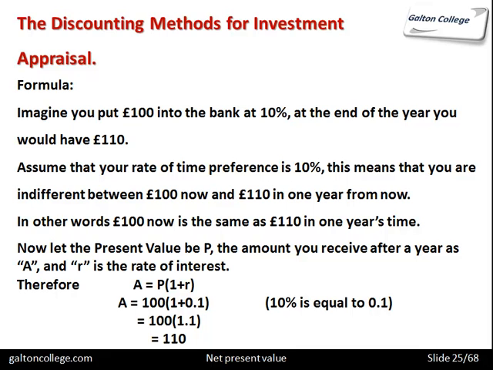So we have 100 multiplied by 1 plus 0.1. In other words, 100 times 1.1, which is just 110. So the formula works. So we have A is equal to P times 1 plus R.